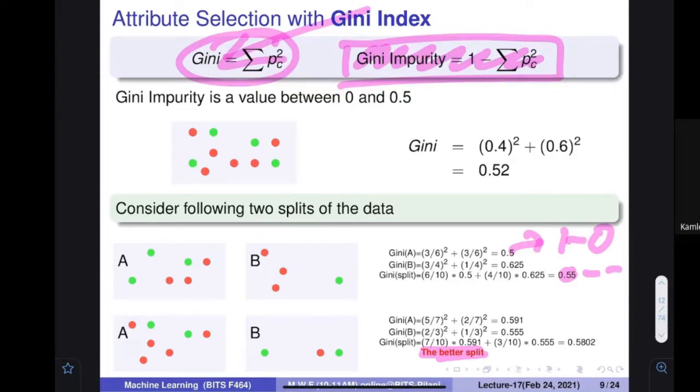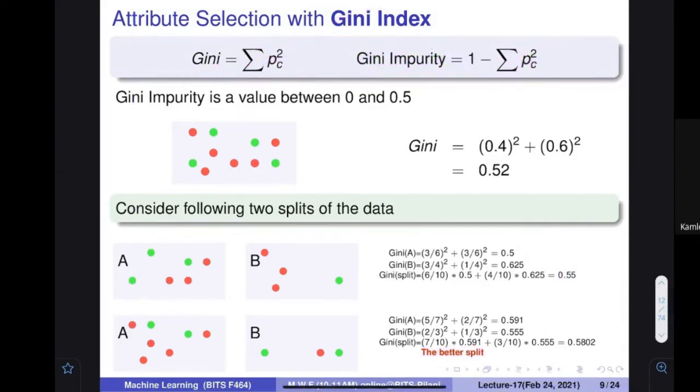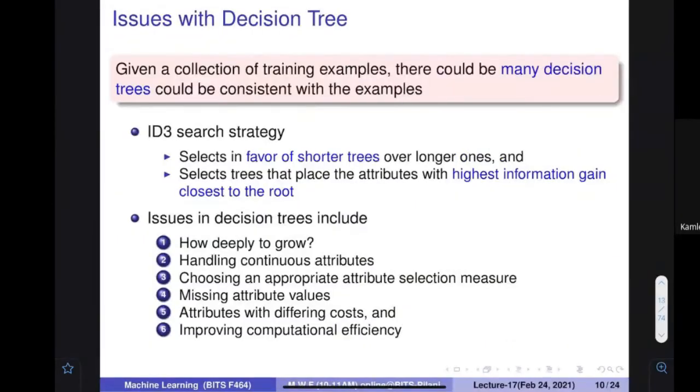This is the more used method, and one very important reason is that computationally it is easy compared to finding the entropy. Make sense? Okay.